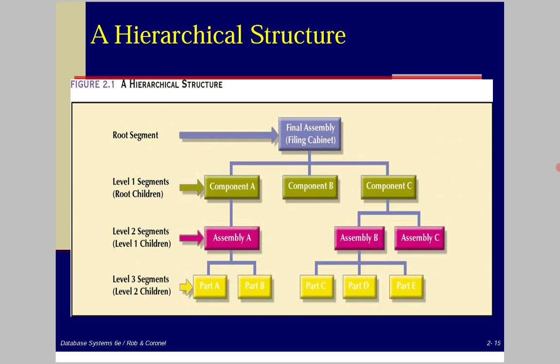The top node, or top rectangle, is called the root, and the bottom parts are called segments or leaves. It is also called a tree structure. The data or information is represented with a diagram called a tree model.